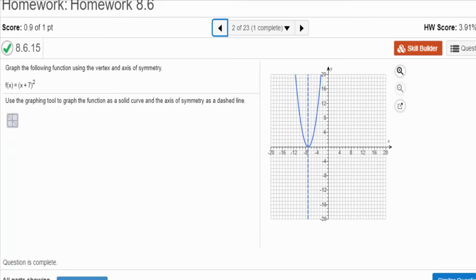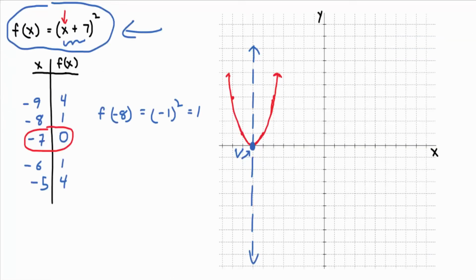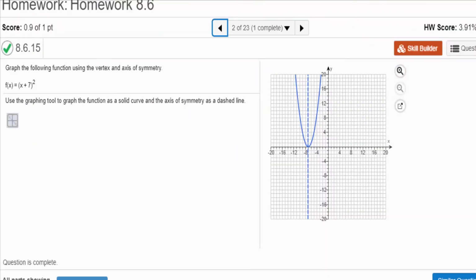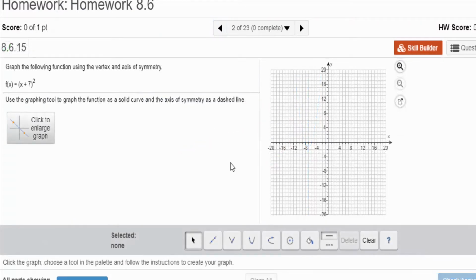Okay, now I'm going to show you how to punch in the graph that we just got into MyMathLab. I'm going to show you how I got this. So what you're going to do is go to this graph paper right here. You could click enlarge, but that doesn't work, at least not on my machine. So click on this graph and then click on the parabola shape, the one opening upward.